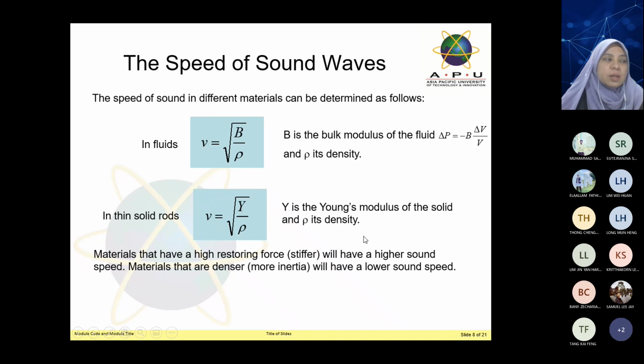So materials that have high restoring force, stiffer, will have a higher sound speed. Materials that are denser will have a lower sound speed. These two formulas you have seen before in other chapters.